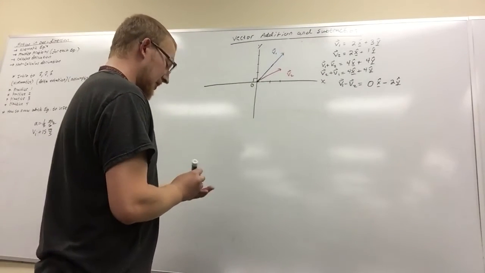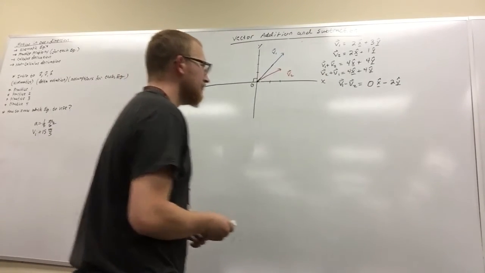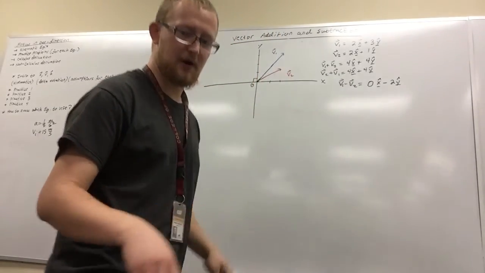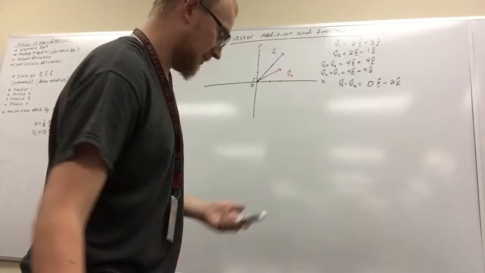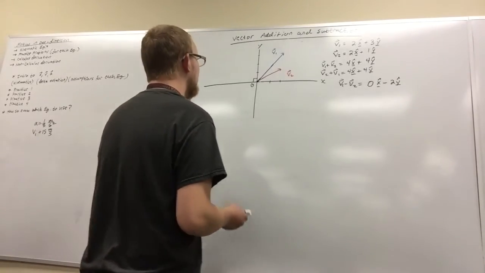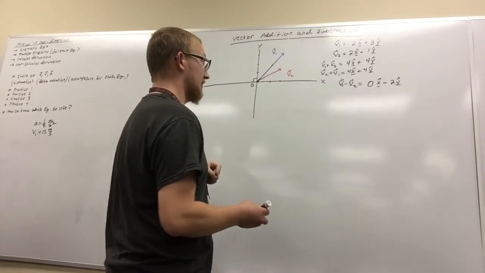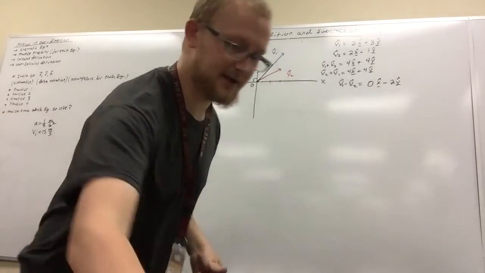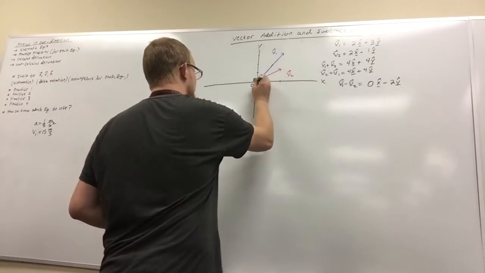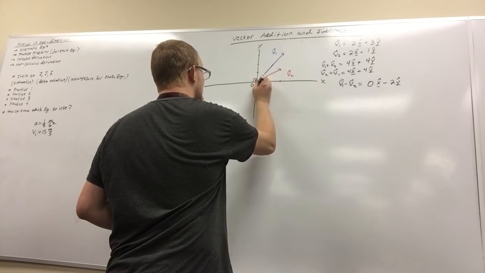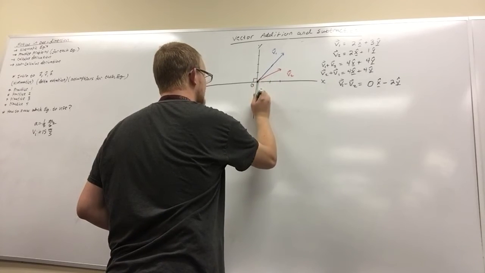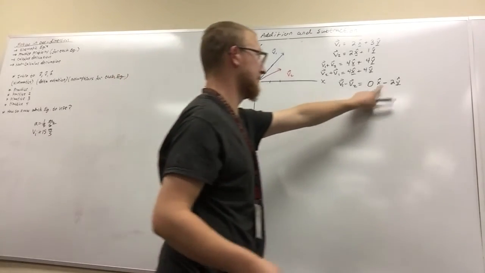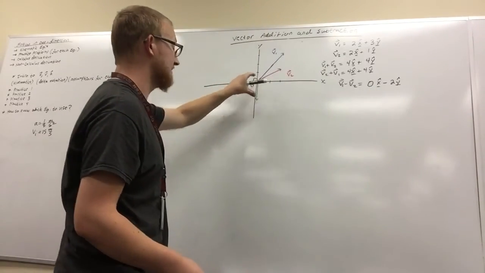And you may notice that this vector goes 0 on the x and 2 on the y. And then you'll also notice that if I were to draw that vector out, it's going 0 on the x. Let me draw it with green. So it starts at the origin because it's a vector. And it is actually lying on the y-axis.